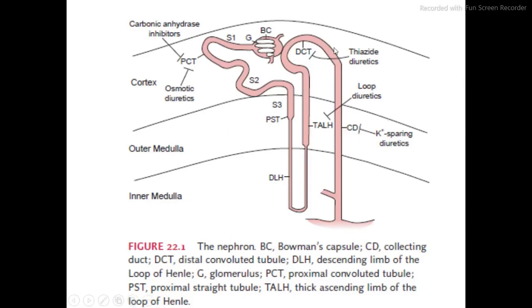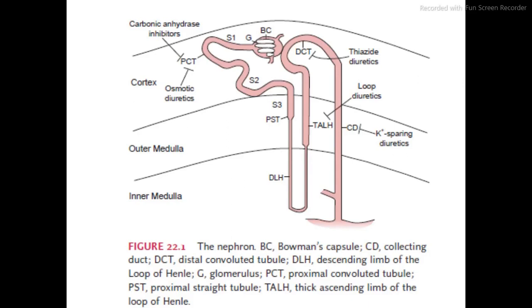This process is controlled by mineralocorticoids. Example is aldosterone. Reabsorption of 2 to 3% of filtered sodium ions also takes place at this phase.